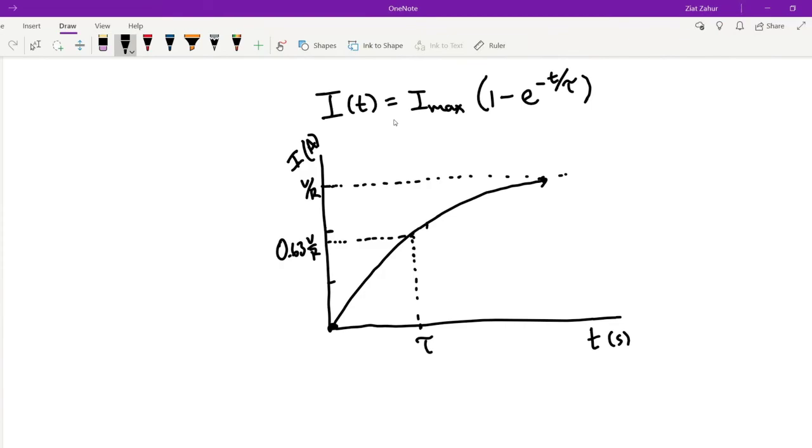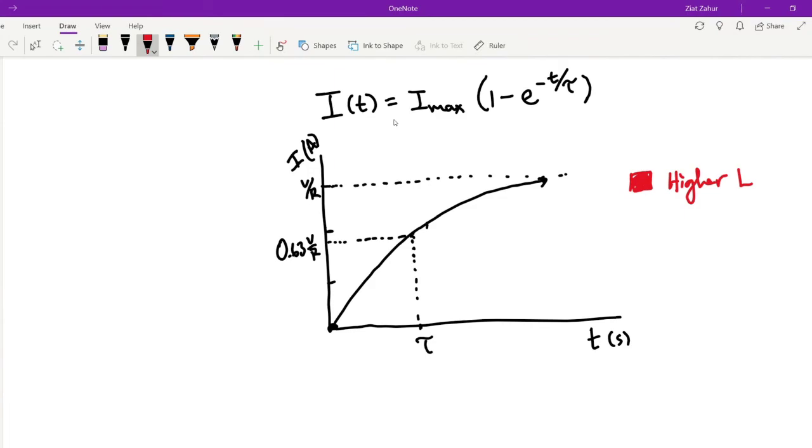All right. Now, question. Let's do some follow-up. Of course, it would take an infinite amount of time to get to I max. But if I change L, let's use red. Red represents a different circuit where we have a higher L. How will our curve change?